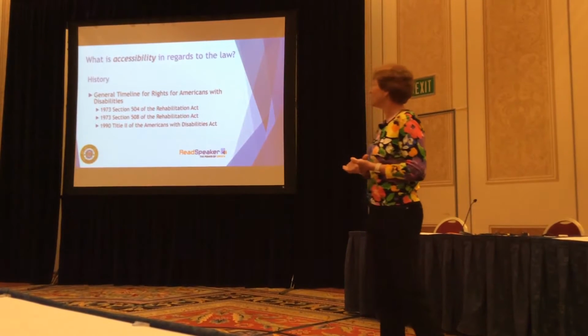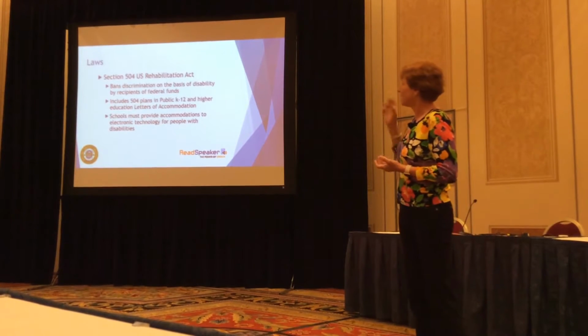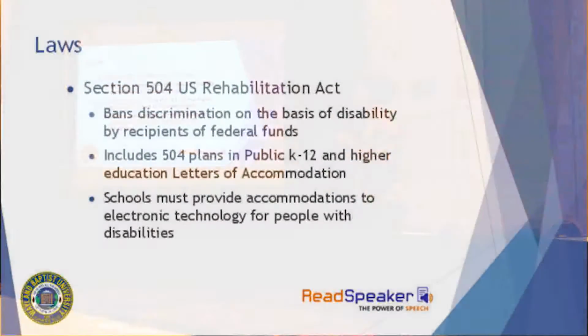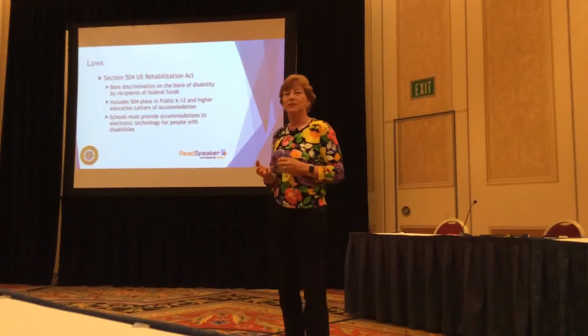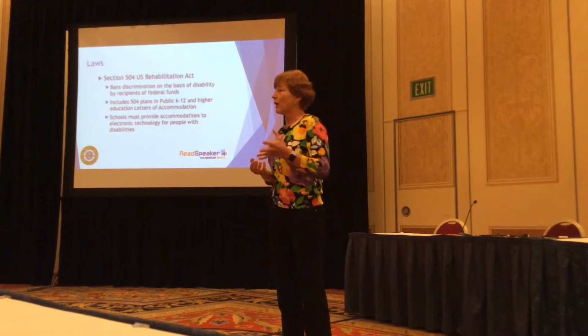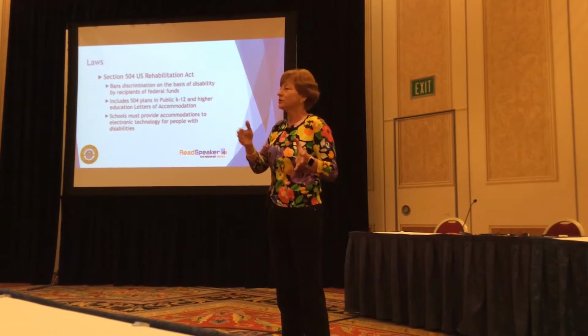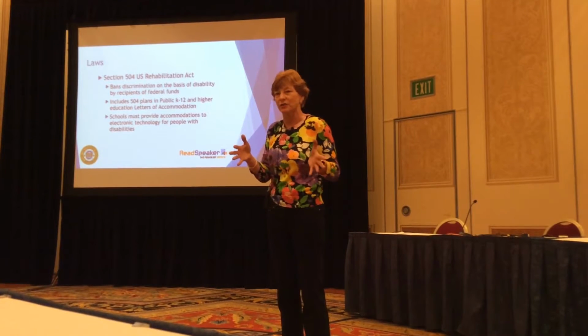And next slide, if you look at it, basically 504 is really about the individual, the person with the disability. We're banning discrimination on the basis of that disability, so that person can access all the different material. In K through 12, you're going to have a 504 plan that says certain accommodations have to be made to match this disability.